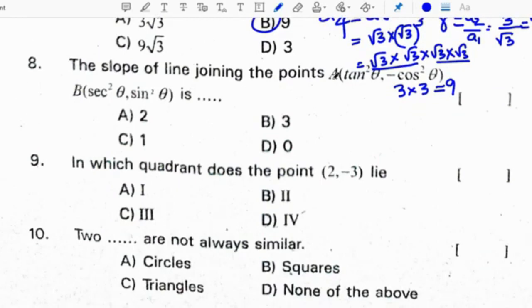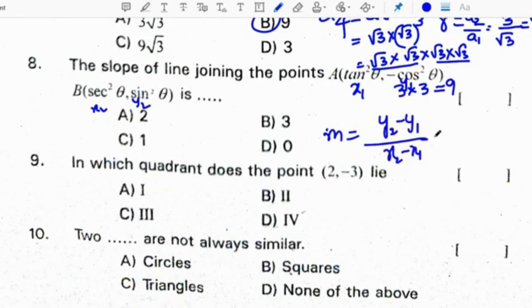The slope of the line joining the points A tan squared theta, minus cos squared theta, B secant squared theta, sin squared theta is. So we'll represent this as x1 y1 and x2 y2, and we'll use the slope formula. The slope formula is given by y2 minus y1 by x2 minus x1.